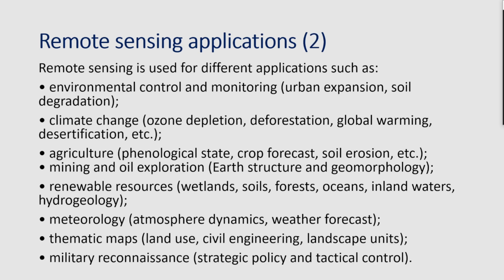Remote sensing applications. 2. Remote sensing is used for different applications such as environmental control and monitoring, urban expansion, soil degradation, climate change, ozone depletion, deforestation, global warming, desertification, etc. Agriculture, phenological state, crop forecast, soil erosion, etc. Mining and oil exploration, earth structure and geomorphology.